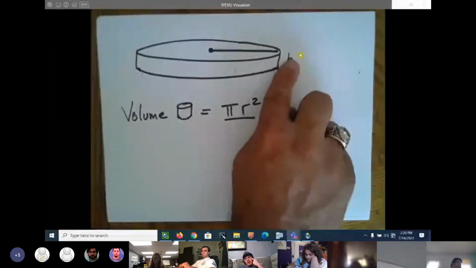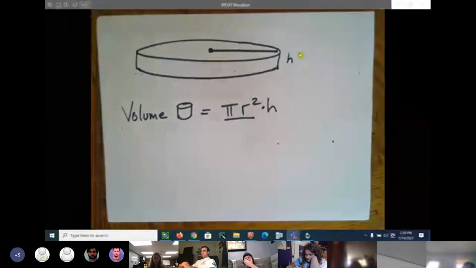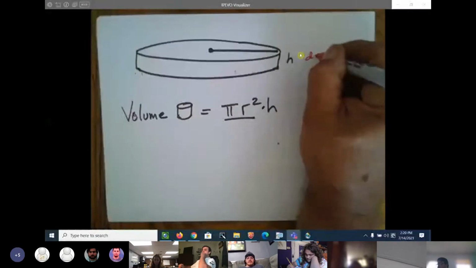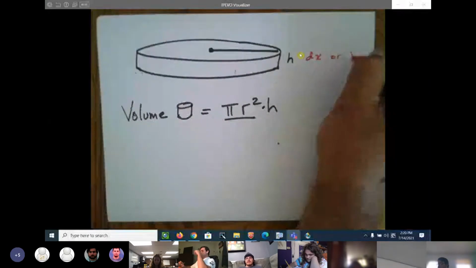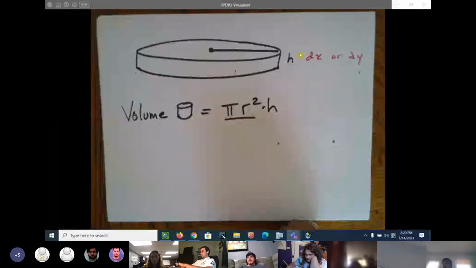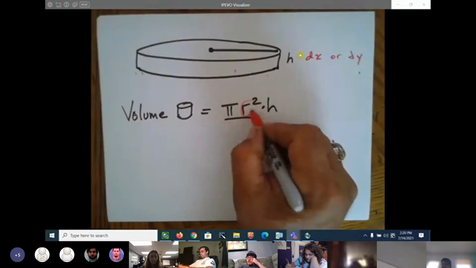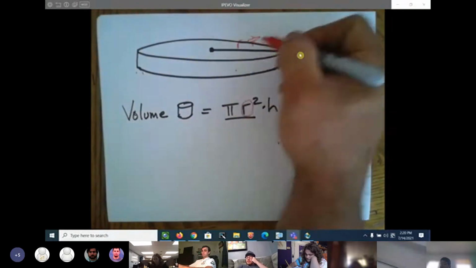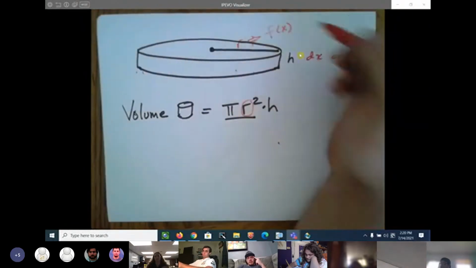It's going to be dx or dy, depending on which way you're revolving. And the radius is usually going to be the function.